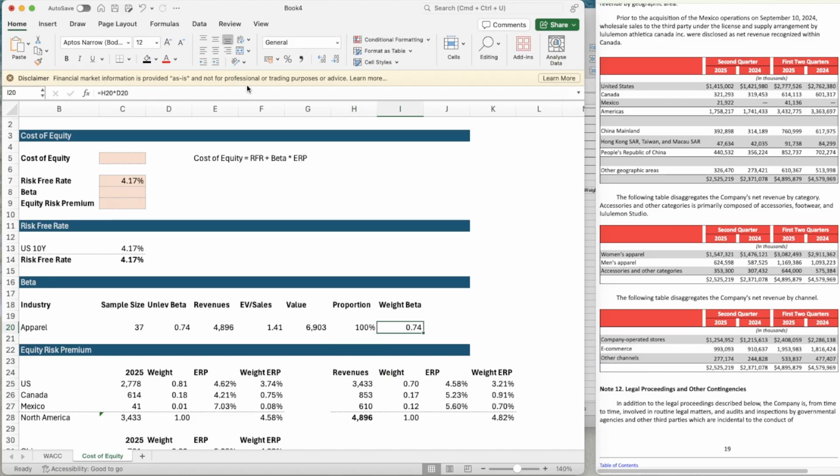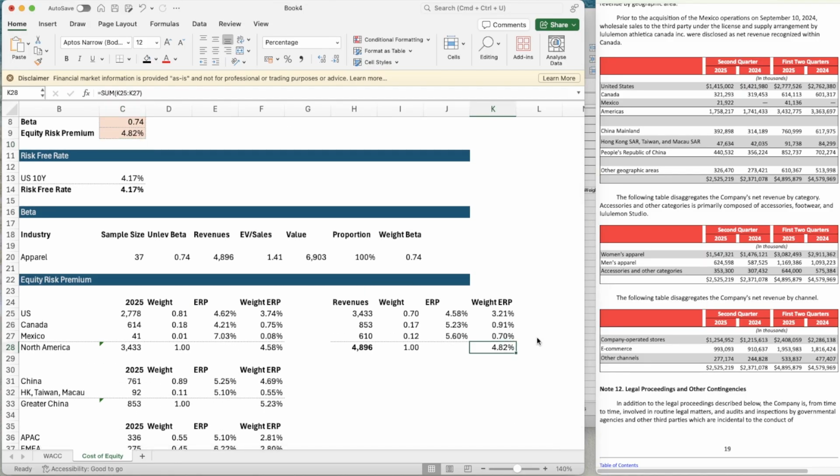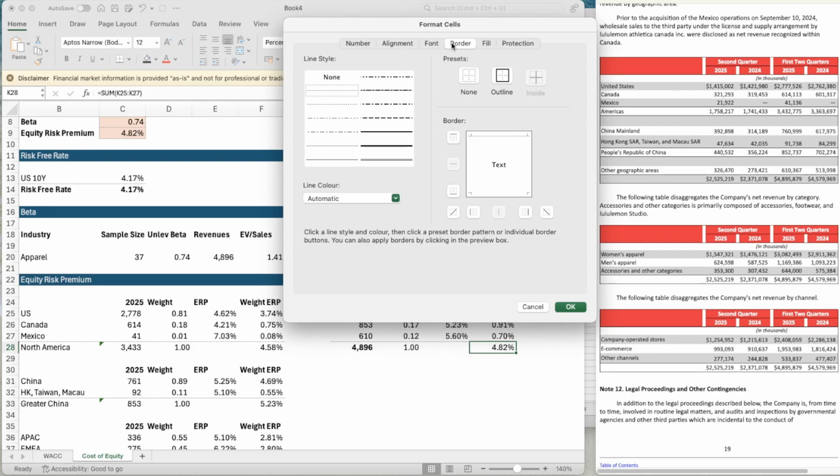There we go. Okay, that's better. So equal. Okay, we put the equity risk premium to this one here. I'll highlight that one so that it stands out.